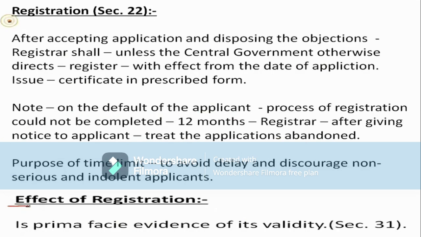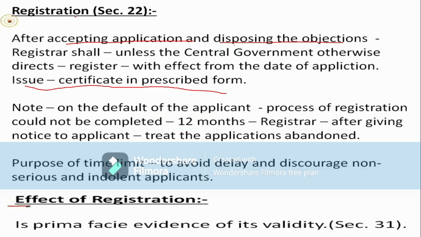So after that, registration according to Section 22. After accepting the application and disposing of the objections, if at all there are any objections, once they are cleared, the registrar shall, unless the central government otherwise directs, with effect from the date of application, issue a certificate in the prescribed form.